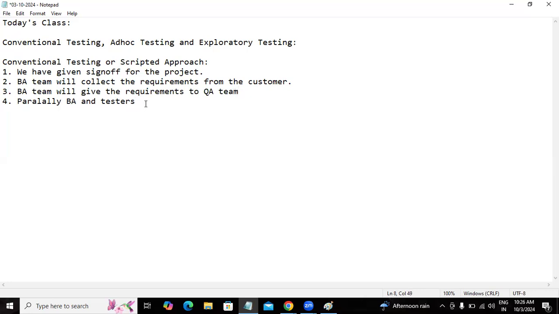Parallelly, BA and testers will analyze the requirements to find out any problem in the requirements.